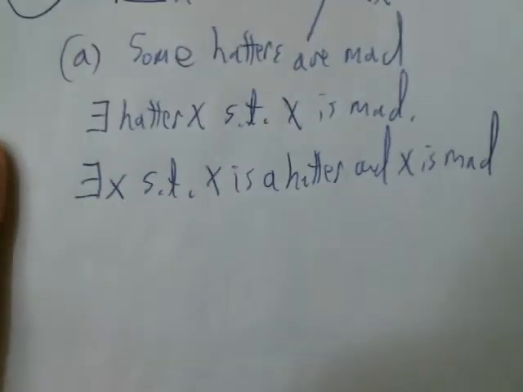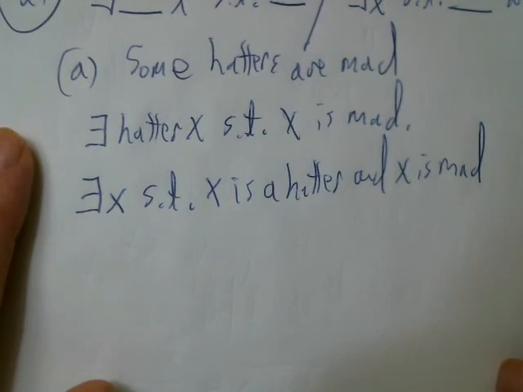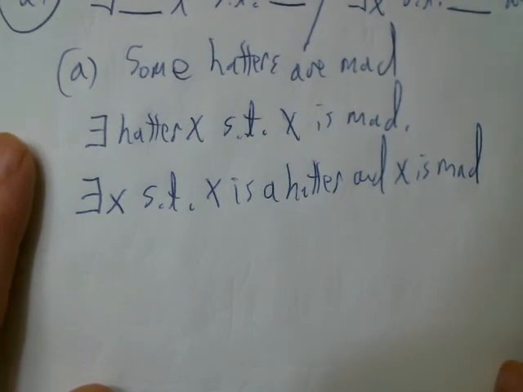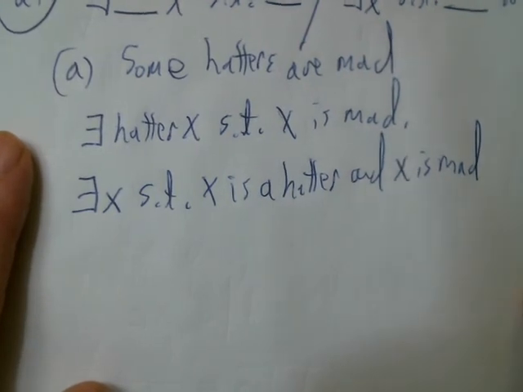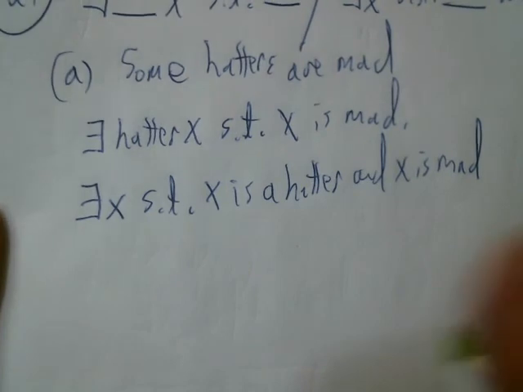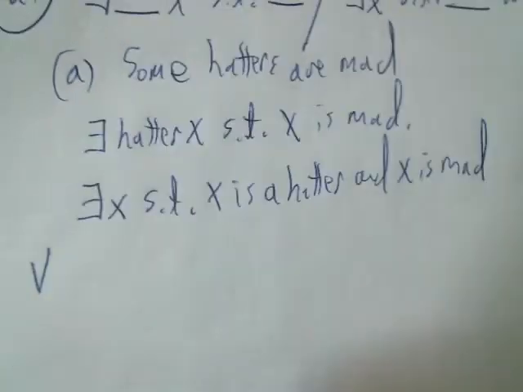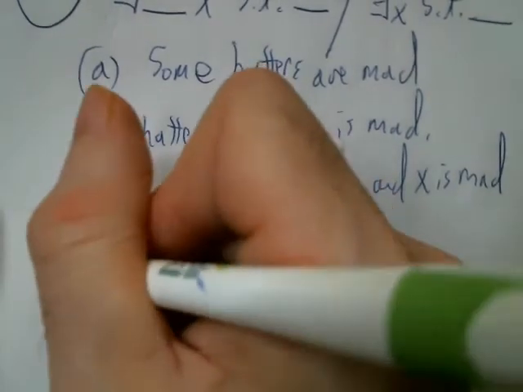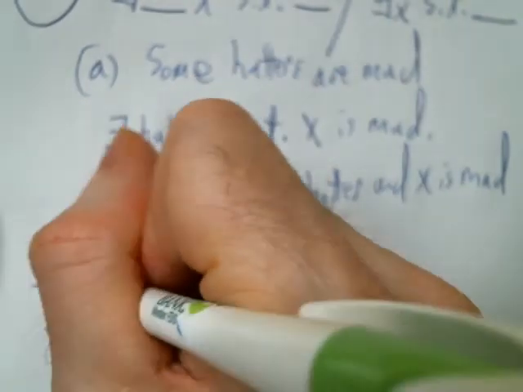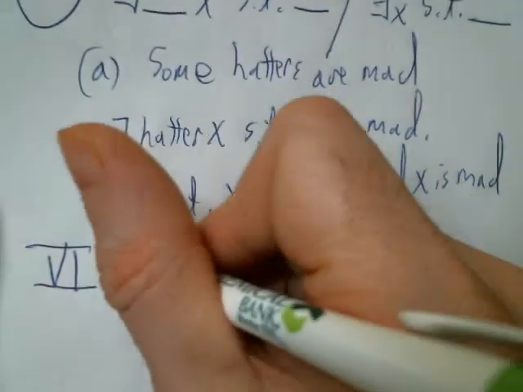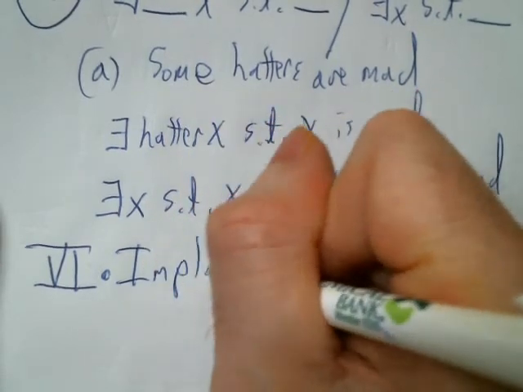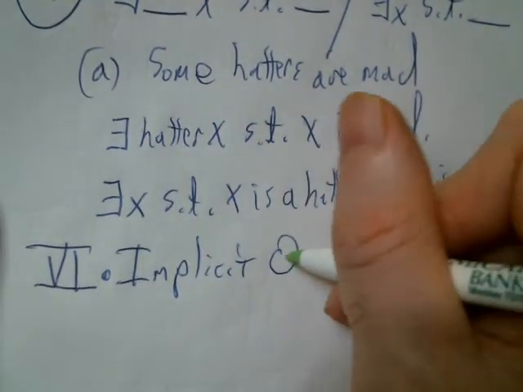Especially in calculus, you never work with complex numbers, and we never say it out loud, but it's implicitly implied. So you can leave out the domain, but if you do, you have to change the notation a little bit. So, implicit quantification.